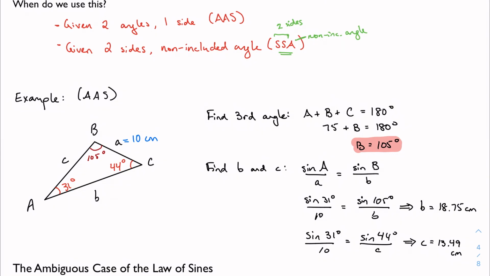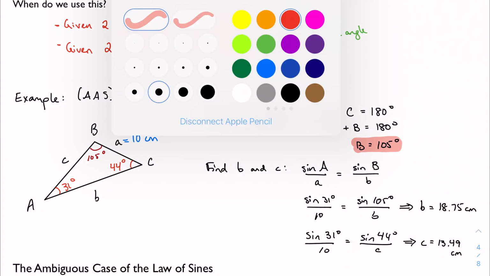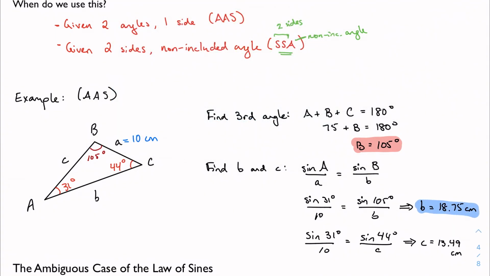So that's all I'm really doing. And here are my final two answers, by the way, just to keep consistent and highlight these. And if I want to mark them in, I can, right? So B is approximately 18.75 centimeters, and C is approximately 13.49 centimeters. And my triangle is solved. I've got all three sides, all three angles.